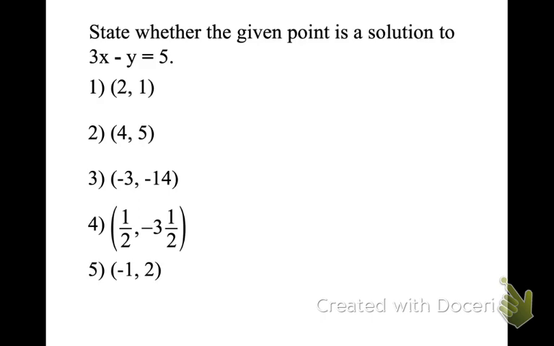Let's see if the following are solutions. Now, we can still put in our fractions. Let's check our work. I'm really only going to go over one of them. So 6 minus 1, is that 5? Yep, so that is a solution. Next, 3 times 4, I'm substituting it in. 3 times 4 is 12 minus 5, not a solution.